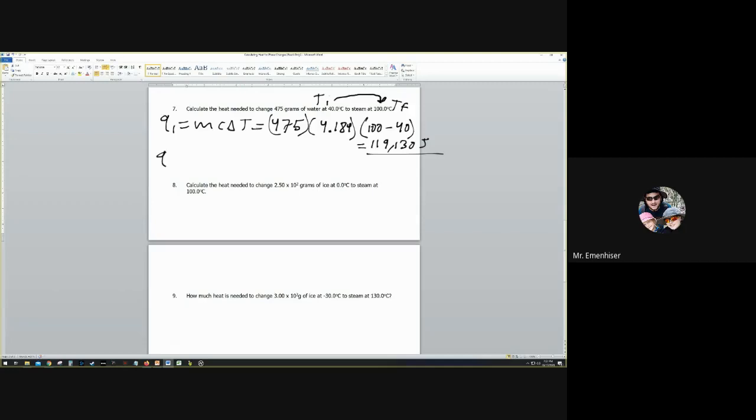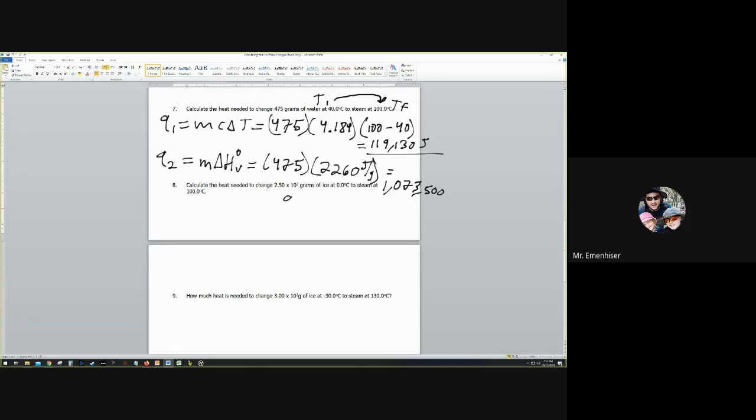And then Q2 is we're going to go ahead and vaporize it. Going to boil it. So that's going to be 475 times 2260, which is the heat of vaporization for water. And we're going to get 1,073,500.